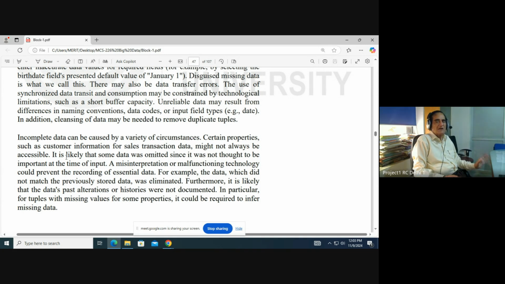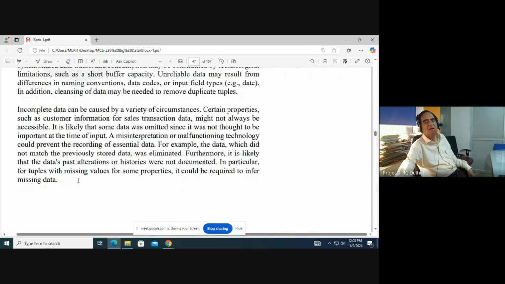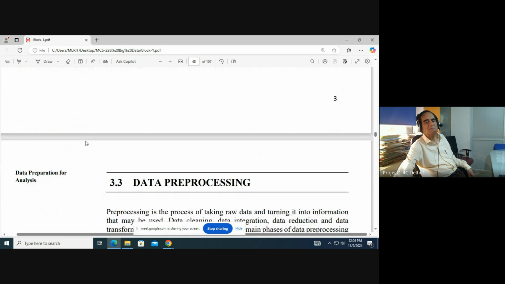There, you have to take some decisions. For example, the data which did not match the previously stored data was eliminated. If it doesn't match, eliminate it. If it matches, use it. Furthermore, it is likely the data's past alterations or histories were not documented. In particular, for tuples with a missing value for some property, it could be required to infer the missing data.